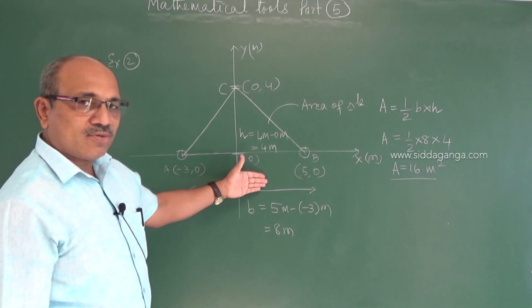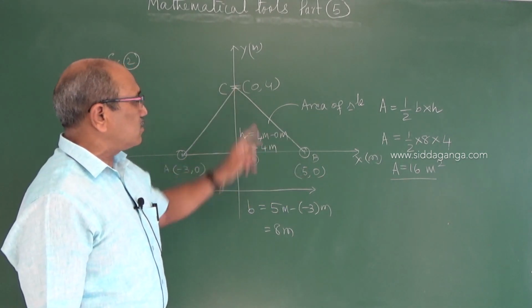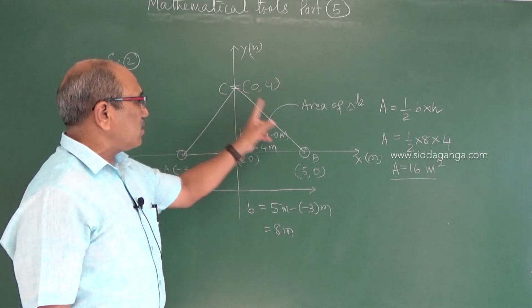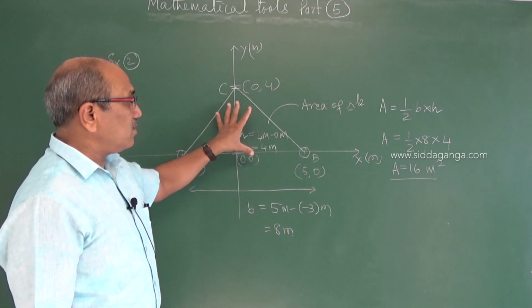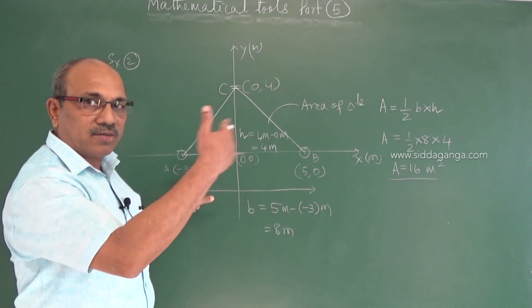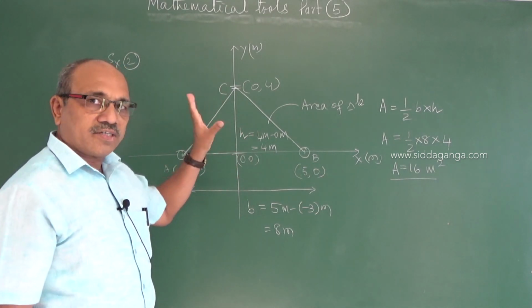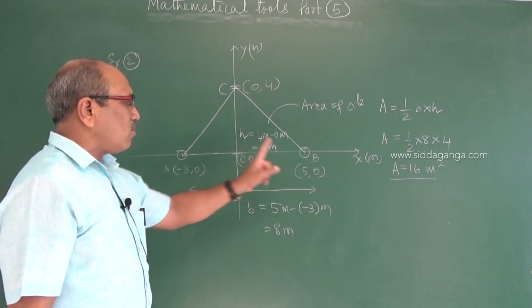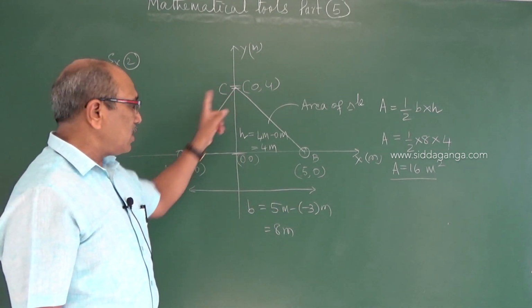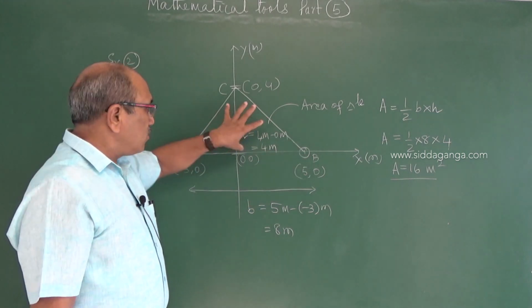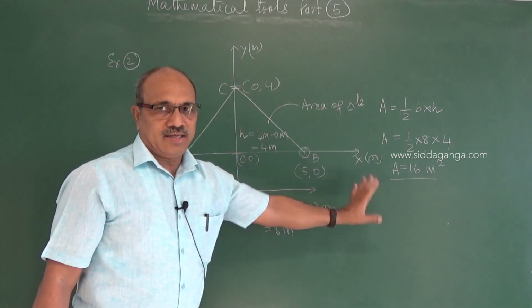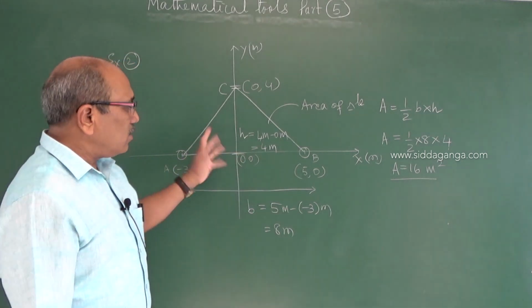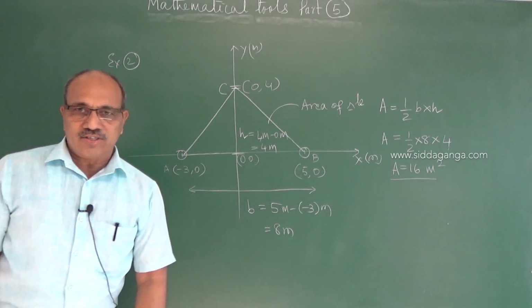I hope you understood. You are given the 3 coordinates. According to that we marked them. Not a given figure, they gave the coordinates as we marked in the previous example. I did not explain the problem, but they gave coordinate A, coordinate B, coordinate C. We marked them and we drew the triangle and measured the area here. So note it down. Let me go to the next example.